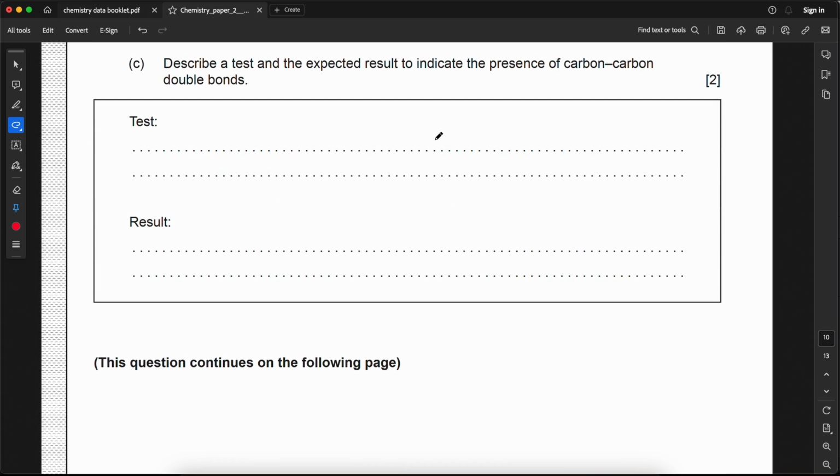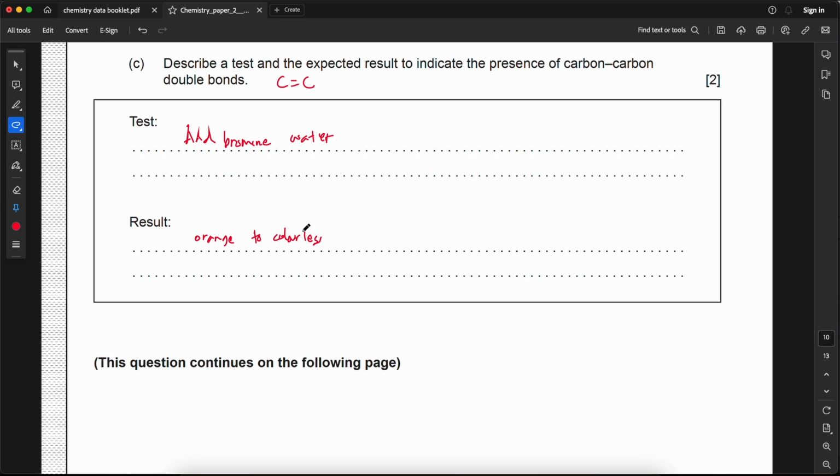Okay, next question. Describe a test and the expected result to indicate the presence of a carbon-carbon double bond. Okay, carbon-carbon double bond. So to test whether it is alkene or alkane, obviously you add bromine water, and when you add the bromine water, the color turns from orange to colorless, because bromine water has an orange color.